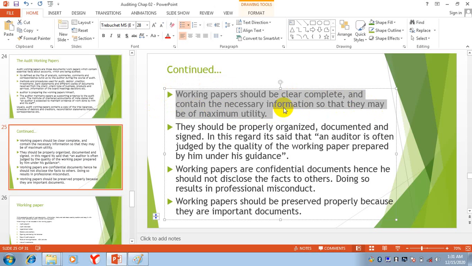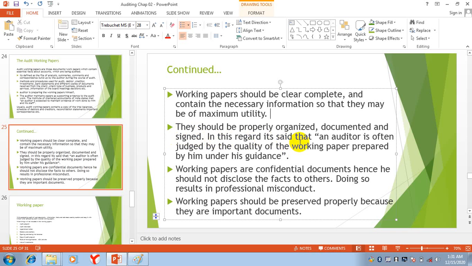They should be properly organized, documented, and signed. The auditor must properly organize and document them, meaning how to keep records, and have them signed by the related audit staff member.